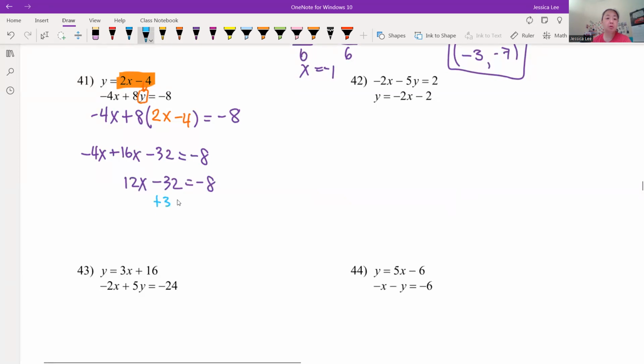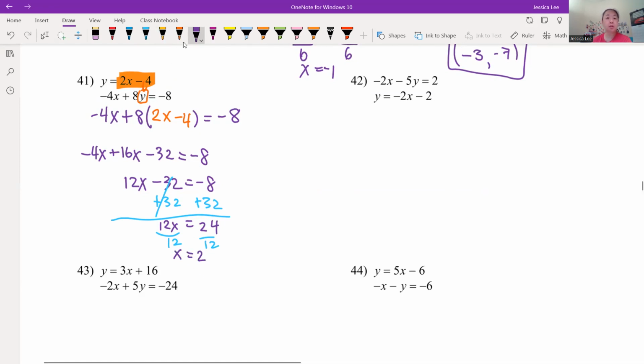So we're going to add 32 to both sides, and we have 12x is equal to 24. There we go. And divide by 12, divide by 12. We're going to get x is equal to 2.